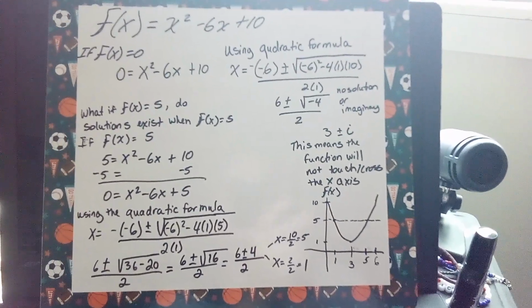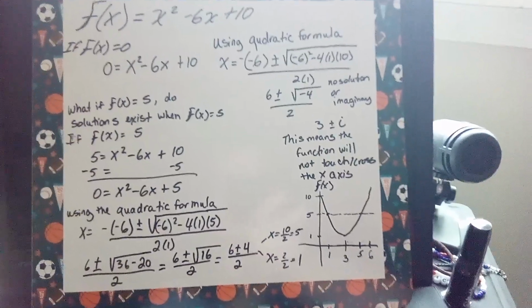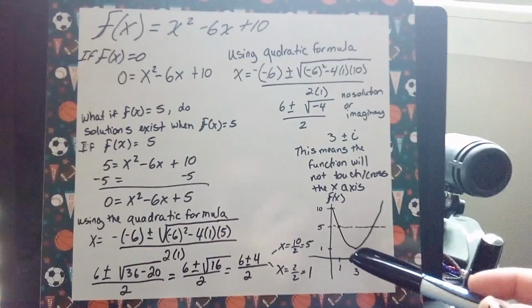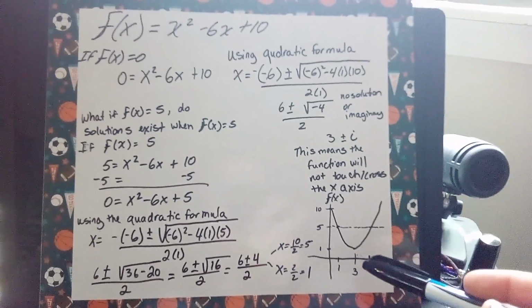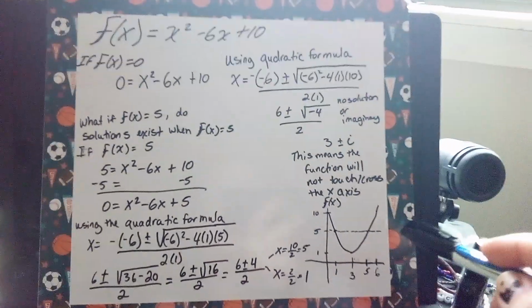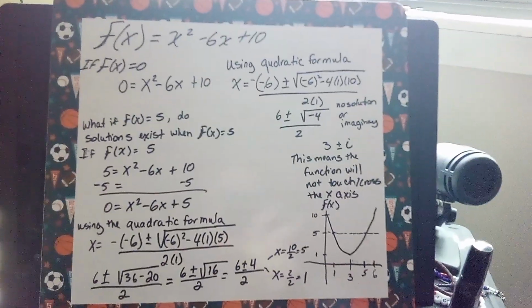That's more or less what I meant in my previous video: even though there might be no solutions, or only imaginary solutions, for the zeros when f of x equals 0, there might be other values of f of x where you may find a solution for the quadratic function.